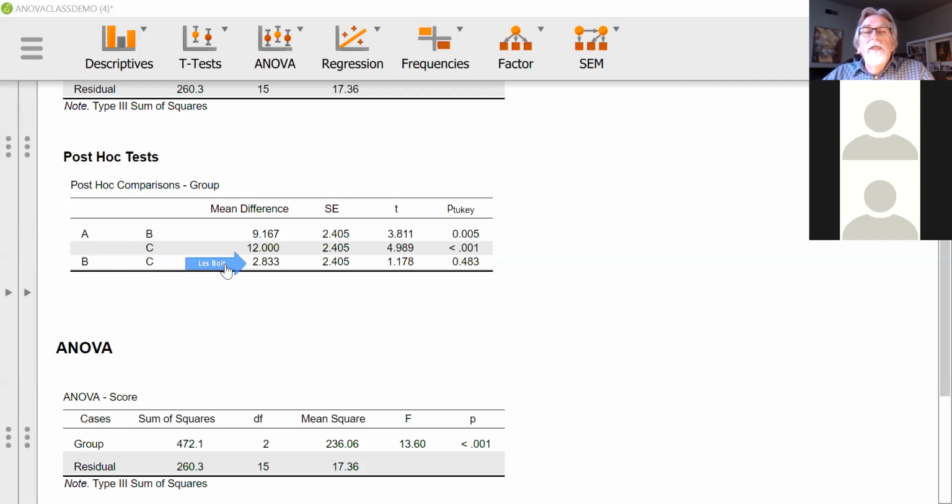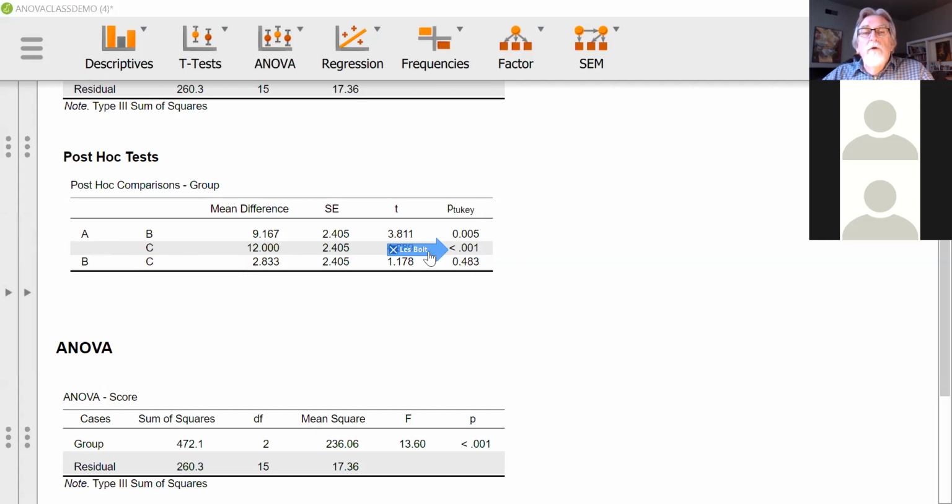And so you look at significant outcomes. There is a significant difference between group A and B because the significance level is 0.005, which means that group A is significantly higher than group B. There is a significant difference between group A and group C in that group A is significantly higher than group C. Significance here is 0.001.